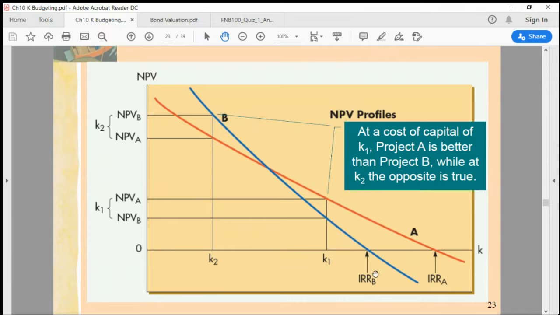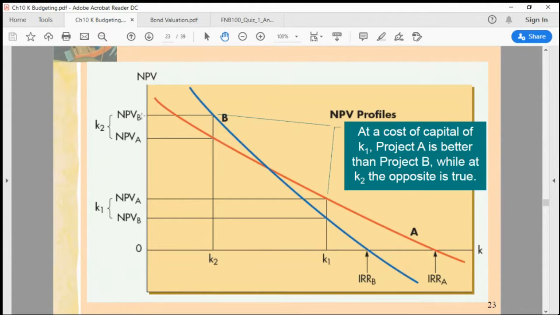Of course, IRR for project A is higher. So by our internal rate of return, you would prefer project A. But look at the net present value, right?